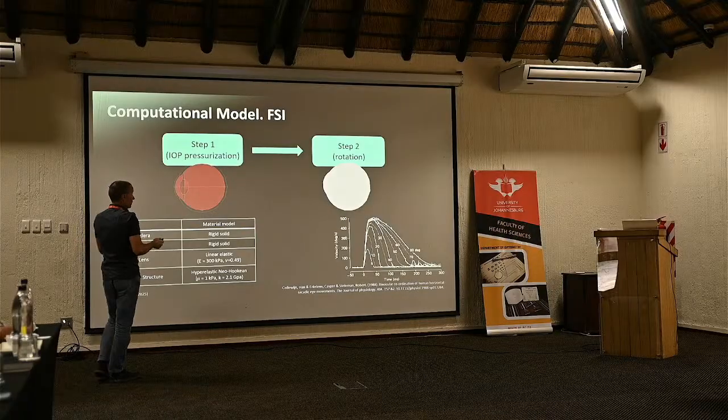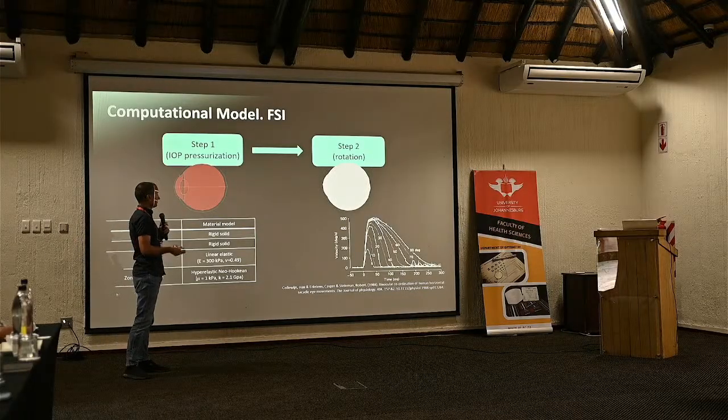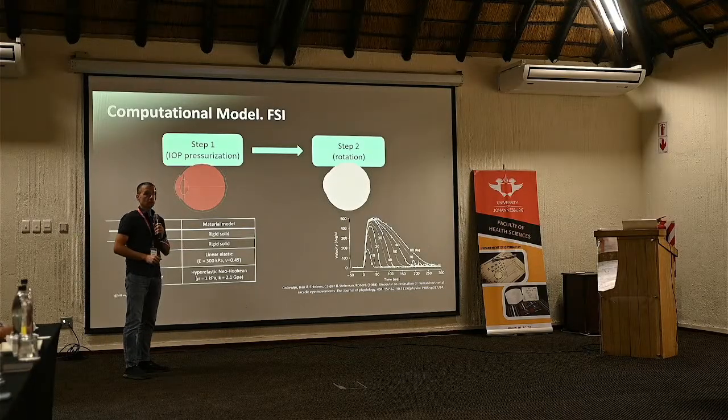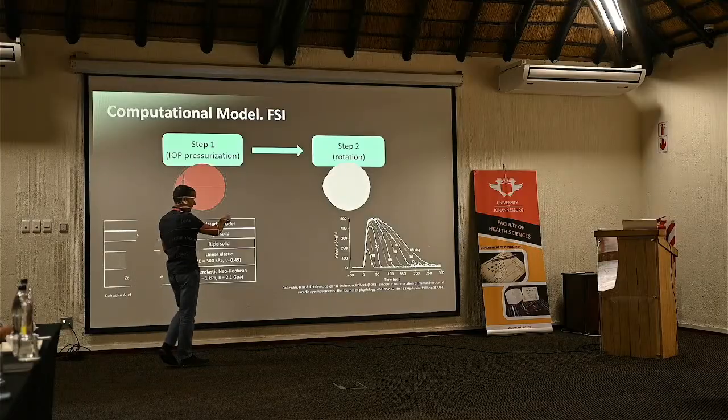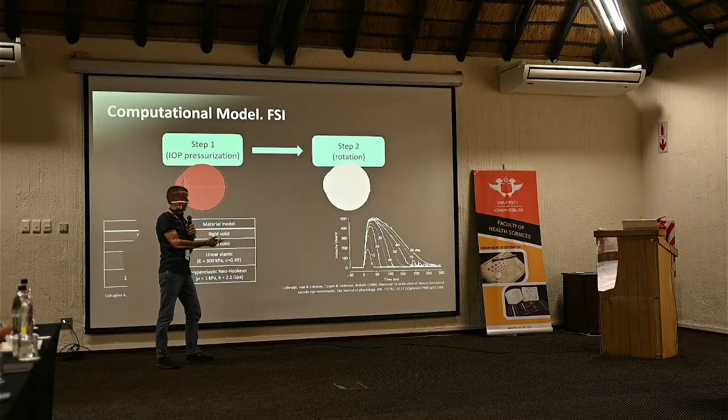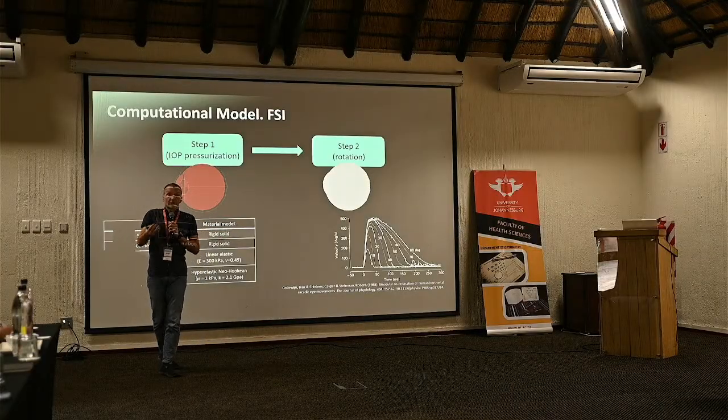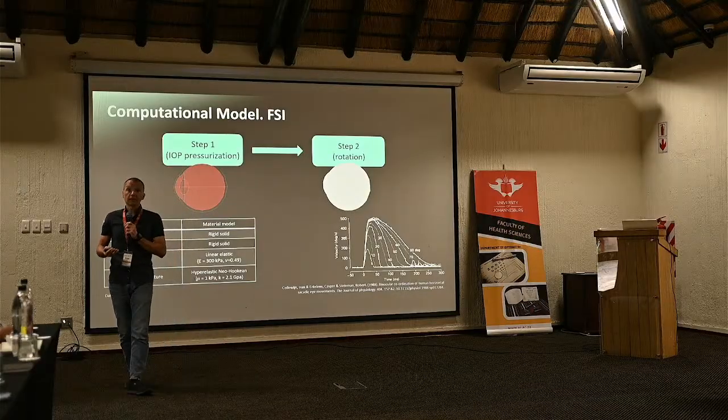The way that we rotate the eye is based on a previous work, and you can see here different curves of the angular velocity that are possible to obtain in the real eye.